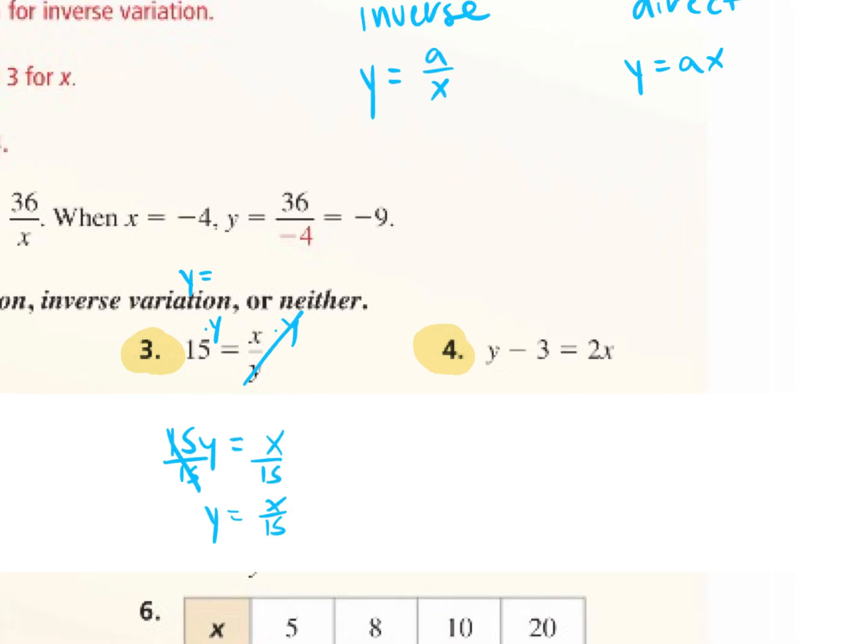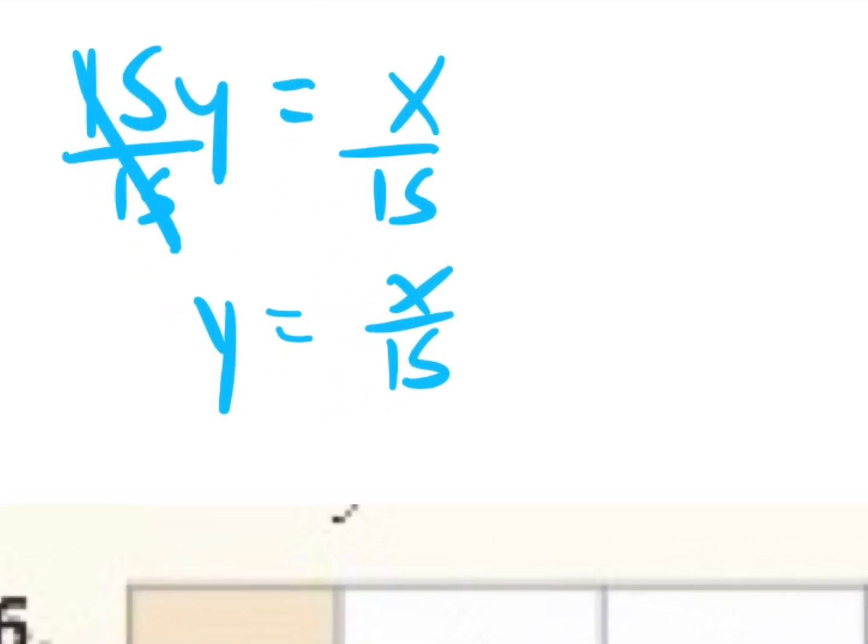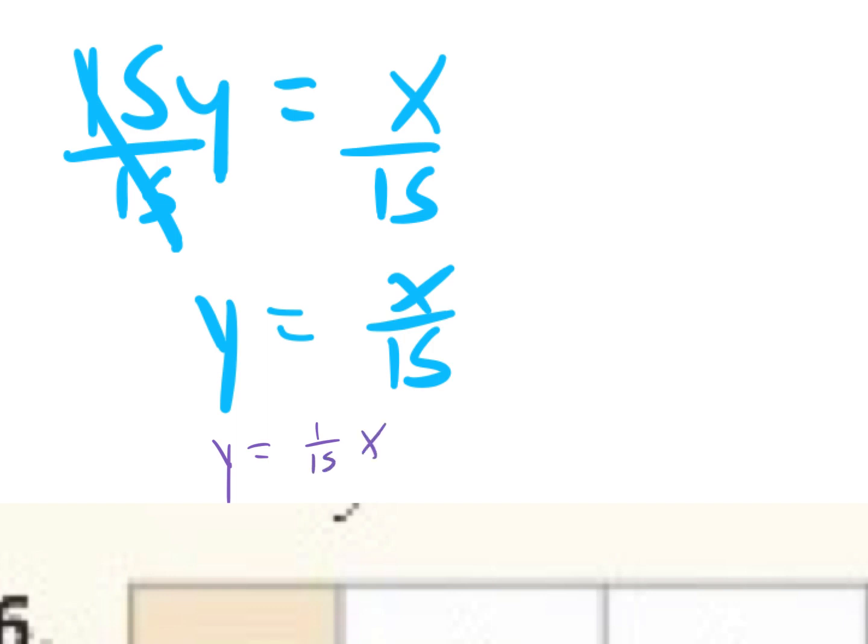So this one is actually direct because it's the same thing as saying y is equal to 1 over 15 times x. 1 over 15 is that a. So because x is on top, it's direct. So when x is on top of the fraction, it's direct. It's only when you're dividing the x, if x was on the bottom, that it's inverse. So this is direct.